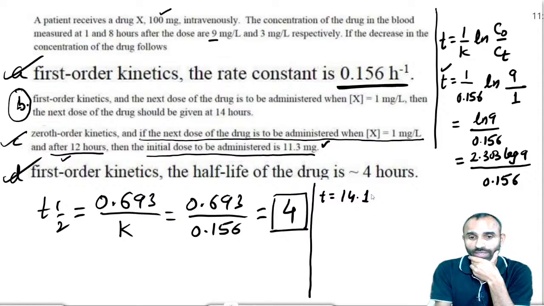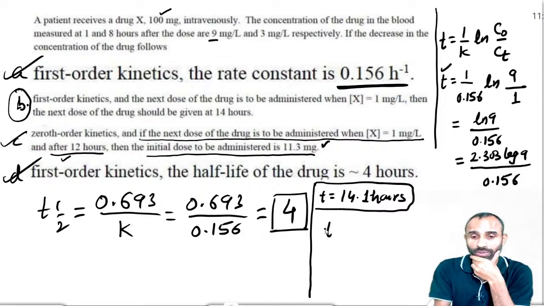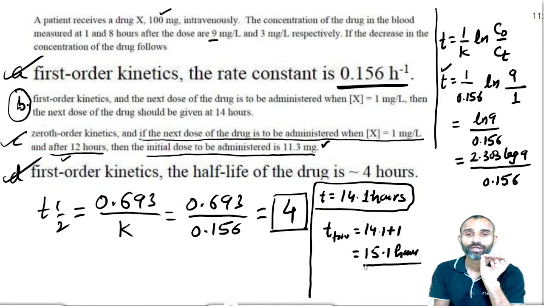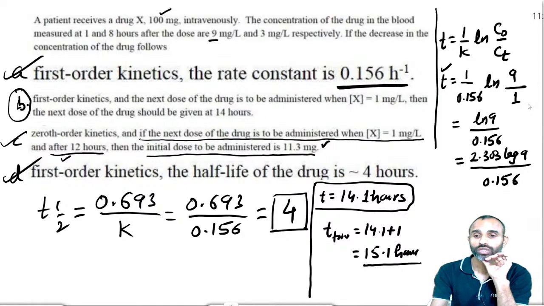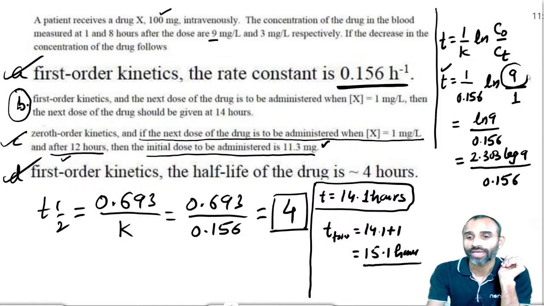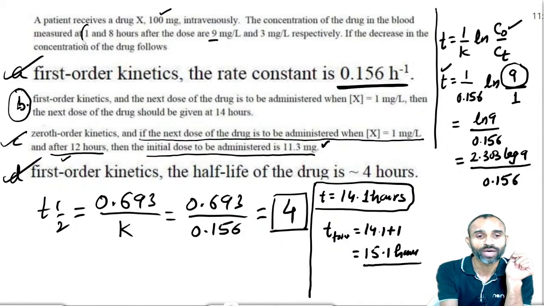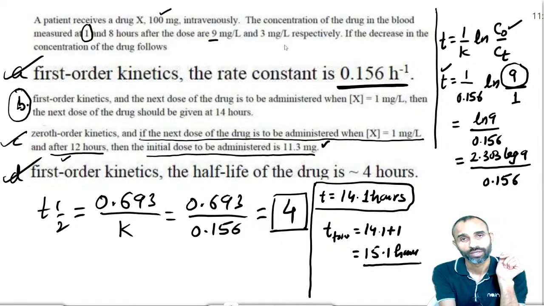And the time comes to 14.1 hours, but we have counted after 1 hour, so the total time taken is 14.1 plus 1, which is 15.1 hours. Got it? Because 9 is taken as C naught and it is measured after 1 hour.